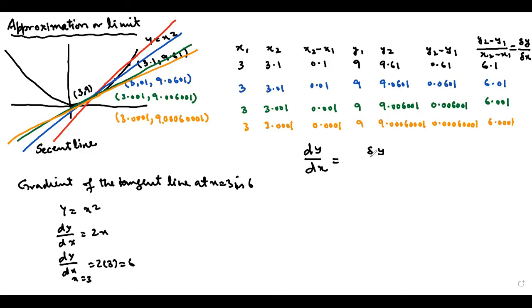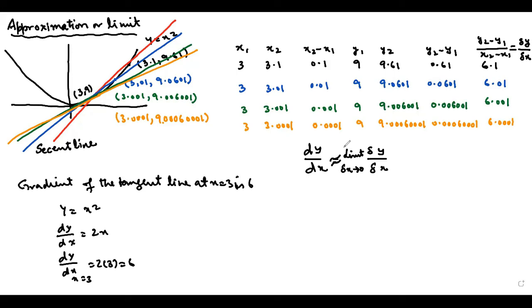Now del y over del x, that is the gradient of the secant line, is approximately equal to the tangent line when del x is very small. When del x is very small, this one is the concept of limit.